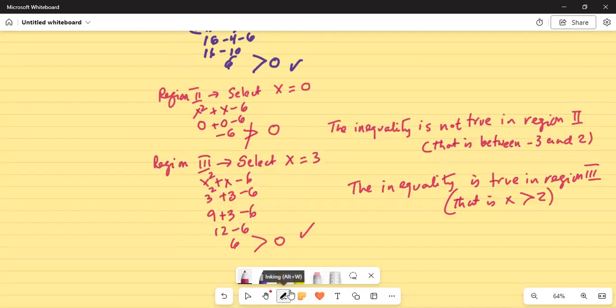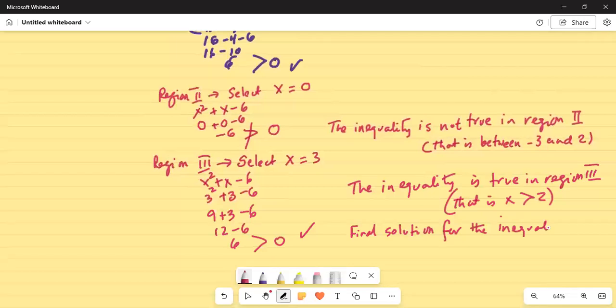Okay. So the final solution for the inequality is x less than -3 or x greater than 2.